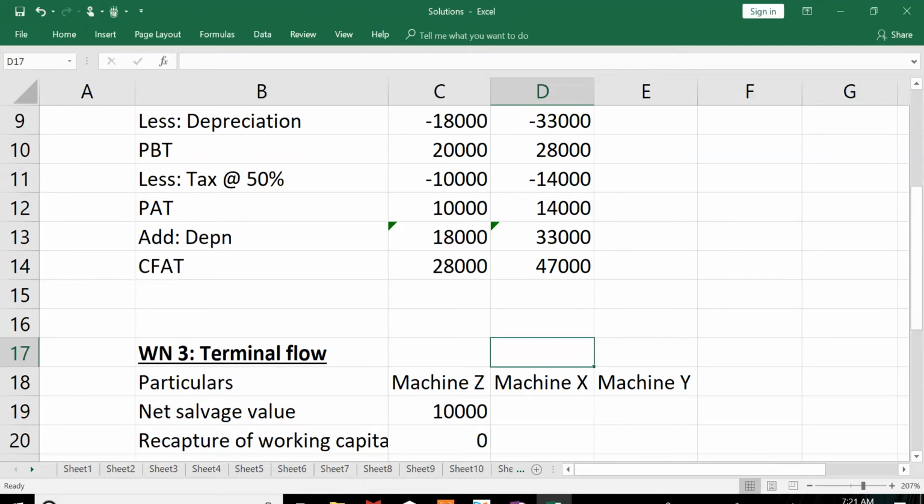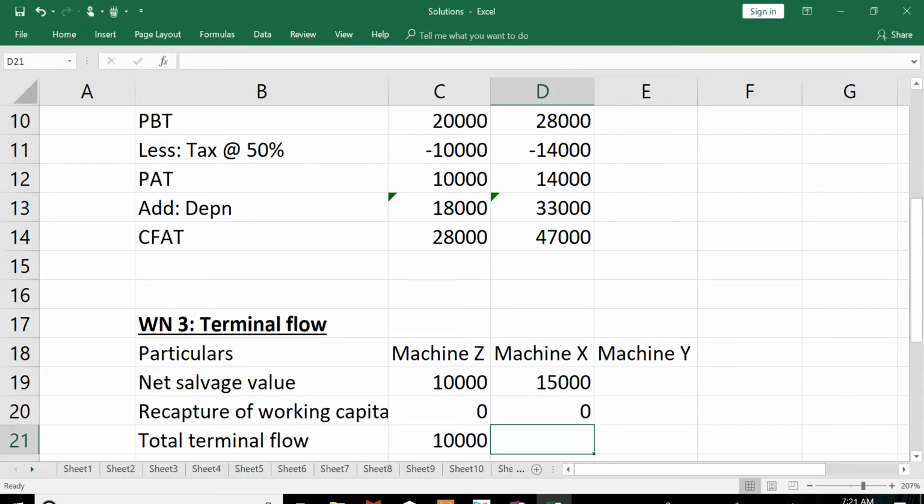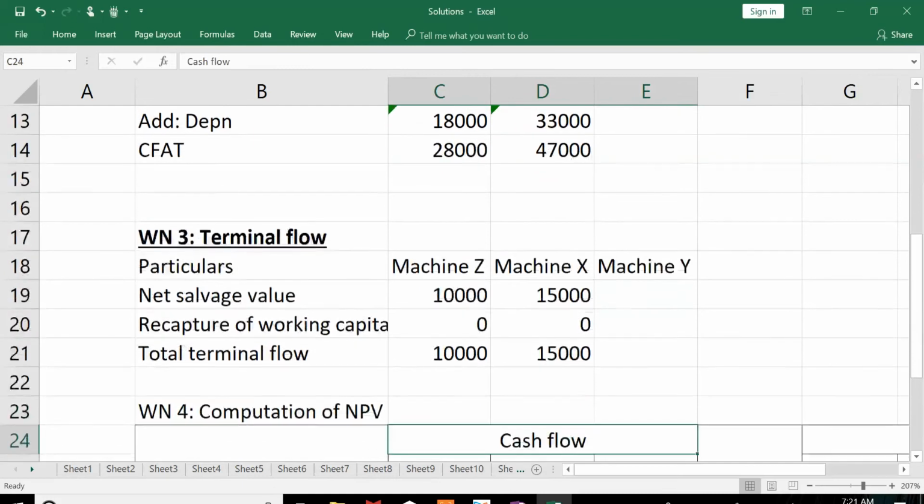Can I proceed? What is the sale value after 5 years? 15,000. What will be the book value after 5 years? Same 15,000, because it's 1,80,000 minus 33,000 into 5. So, I am straight away writing 15,000. Consolidate and calculate NPV.